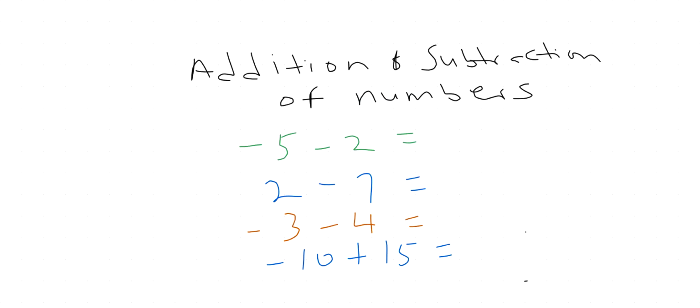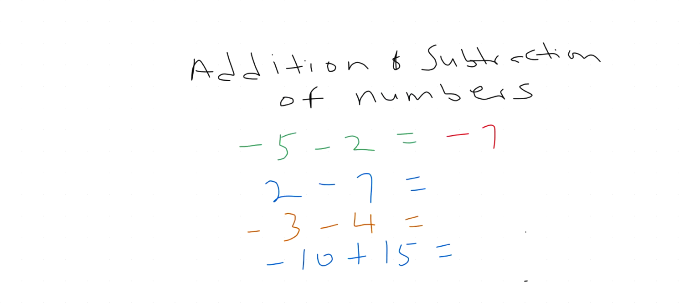Right now, I want to believe you are done with the 4 questions. So let us apply the concept to the first question. -5 - 2 implies I owe 5, I owe 2, which is I owe 7. The second one, 2 - 7, means 2 is the one that carries the positive sign, that shows I have 2. 7 is the one that carries negative, that shows I owe 7.